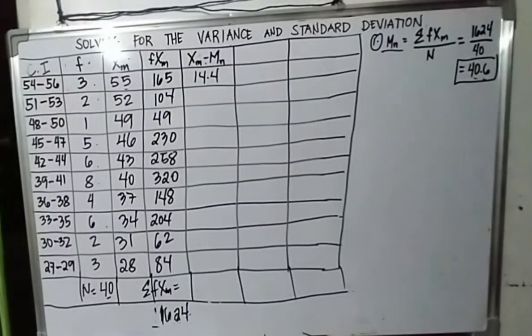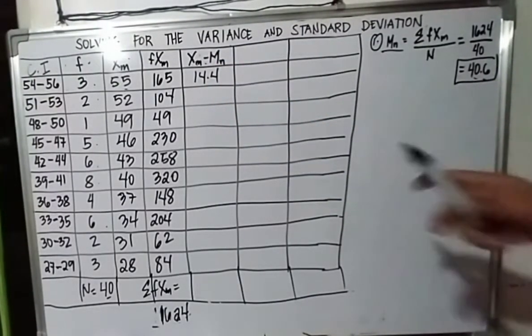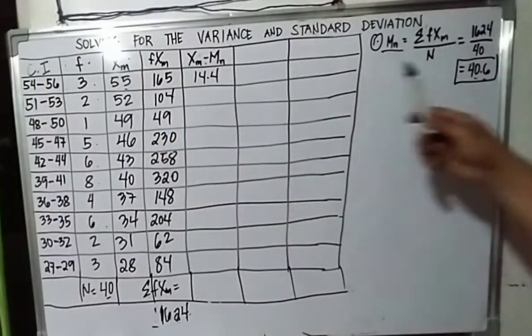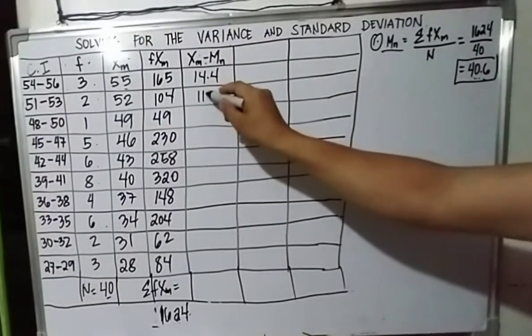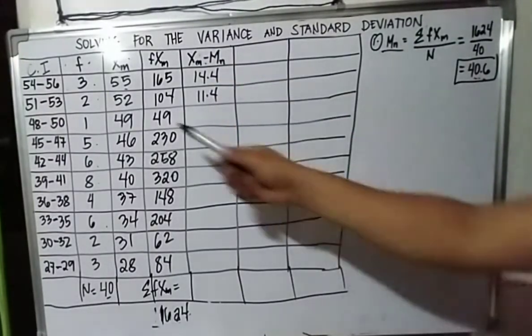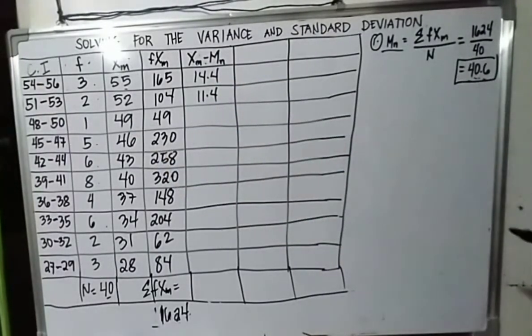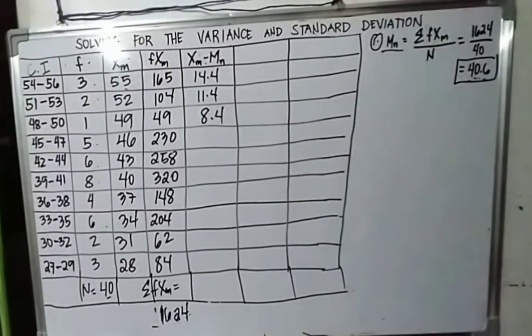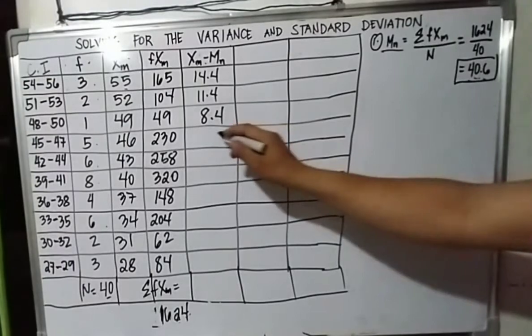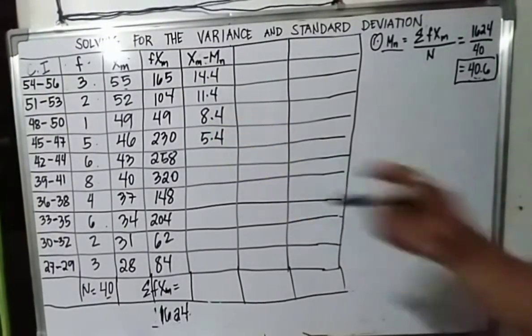Okay, next 52 minus 40.6, that is 11.4. And 49 minus 40.6, that is 8.4. Next, 46 minus 40.6, that is 5.4.